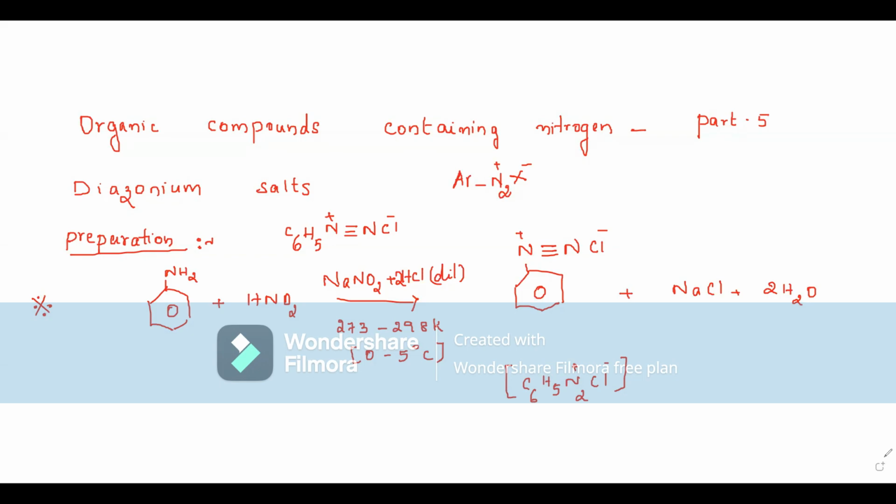Now, the major reactions involving diazonium chloride are, the first one, Sandmeyer's reaction.